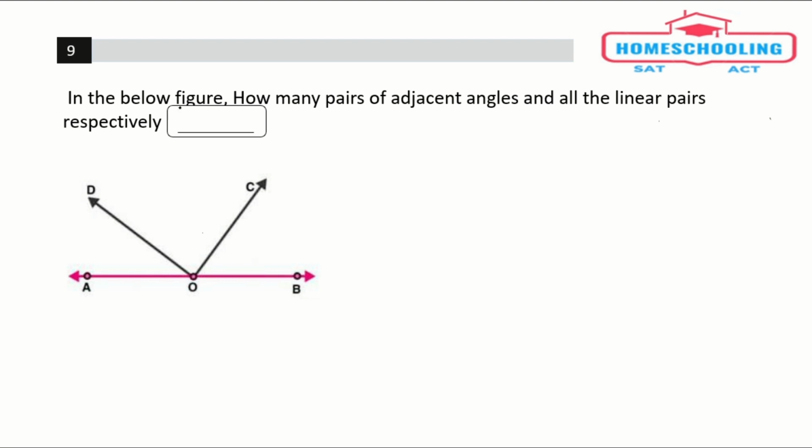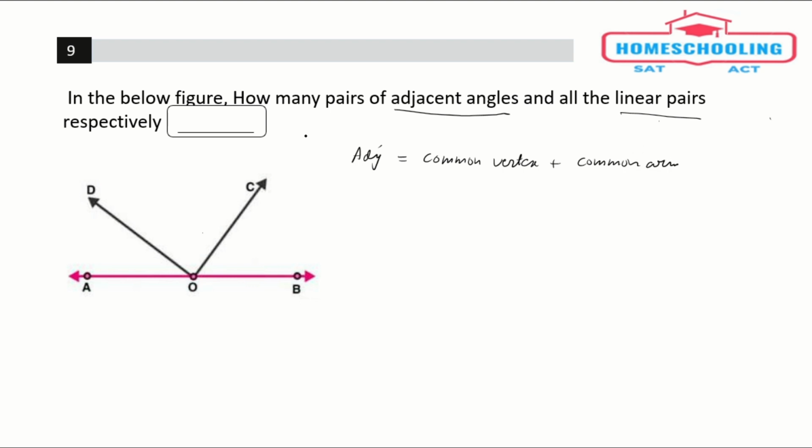In the given figure below, how many pairs of adjacent angles and linear pairs are there, respectively? So as we know, for adjacent angles we need to satisfy two things, as we have read in the definition: it should have a common vertex, plus it should have a common arm.